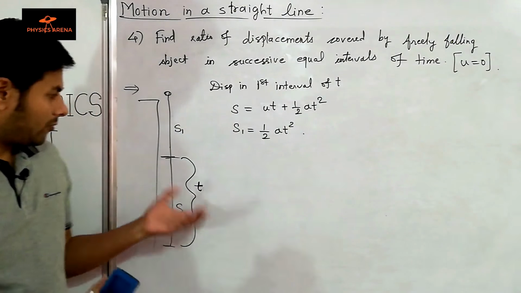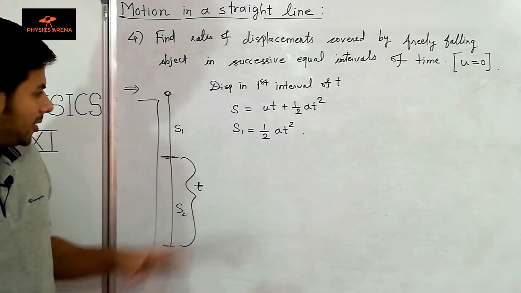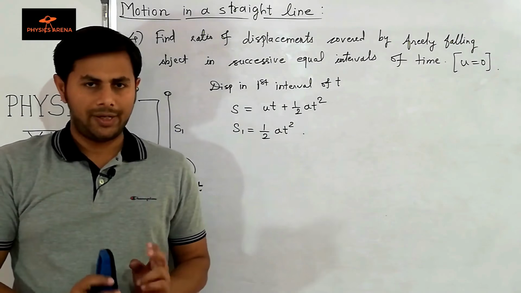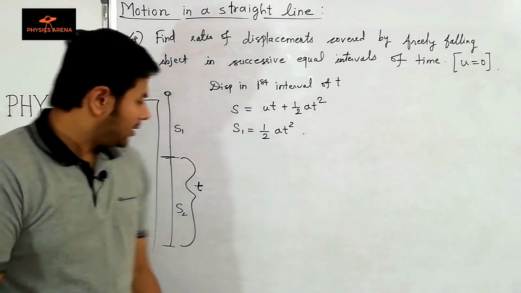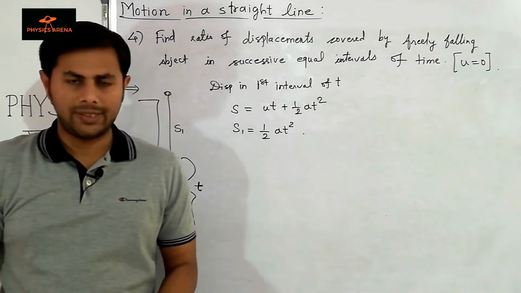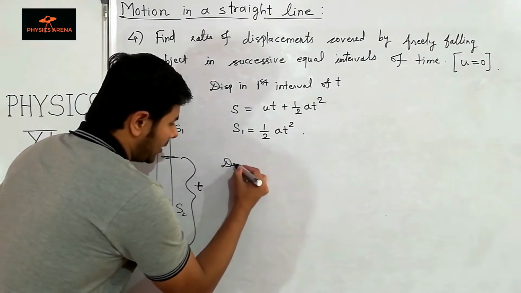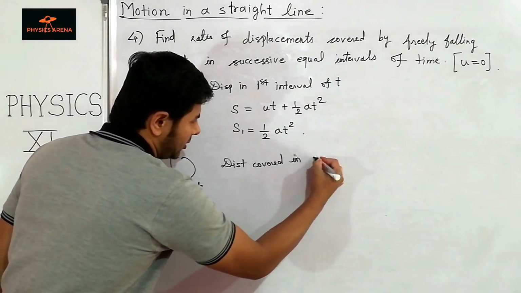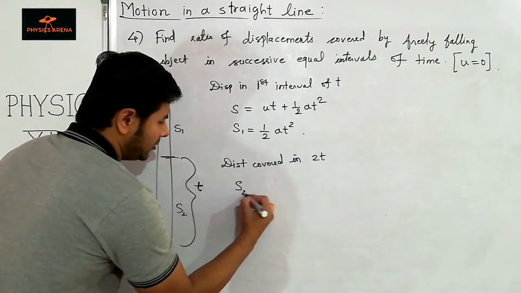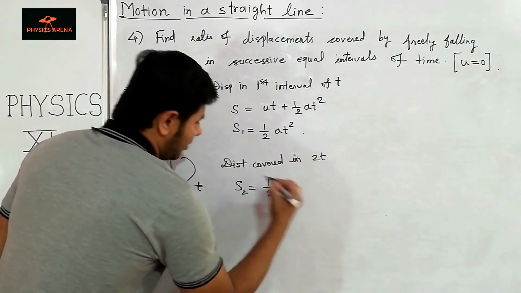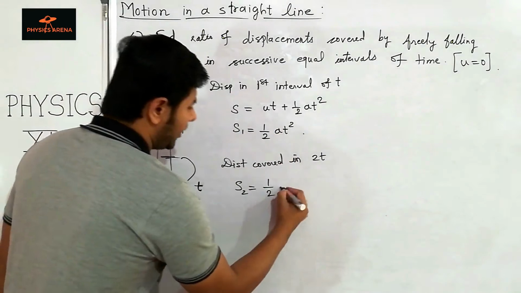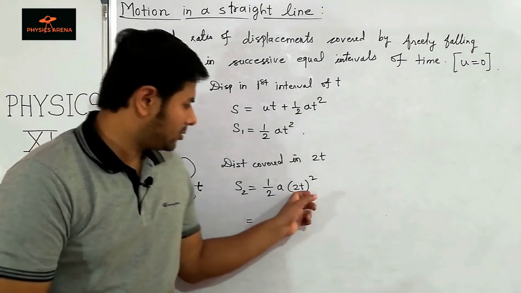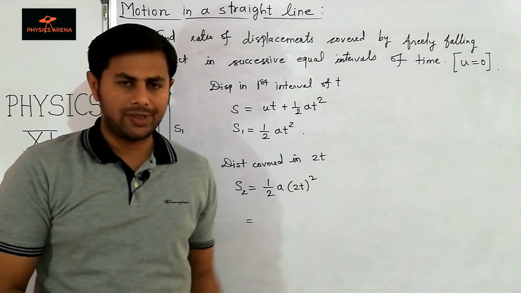To find this displacement, we'll find the total displacement s1 plus s2, which is covered in time 2t, and subtract s1. So the distance covered in 2t is half of a into 2t squared, and 2t squared is 4 times t squared.